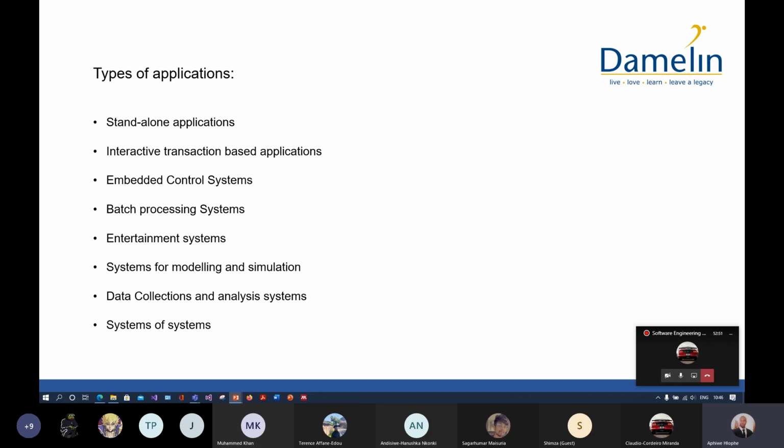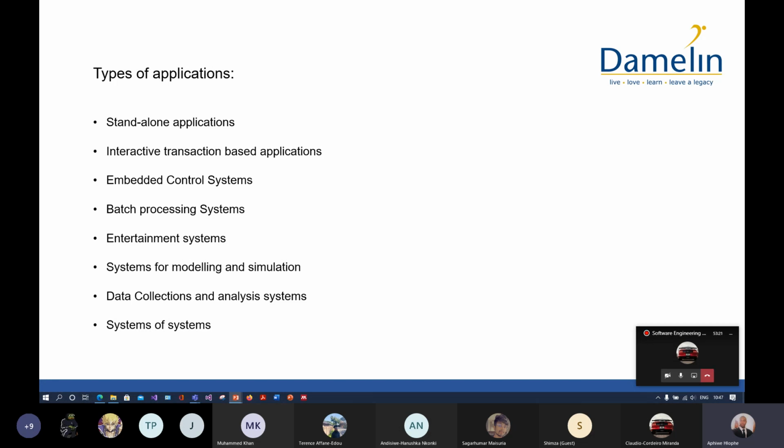Commonly used in, for example, aeroplanes. Aeroplanes have onboard sensors which report to the pilots on the conditions of the plane or the weather conditions or the altitude at which the plane is flying and so forth. So that is tracked by some sort of software on the plane, but the software cannot do that without some sort of onboard sensor that's reporting constantly to it. And lastly, we have systems of systems.